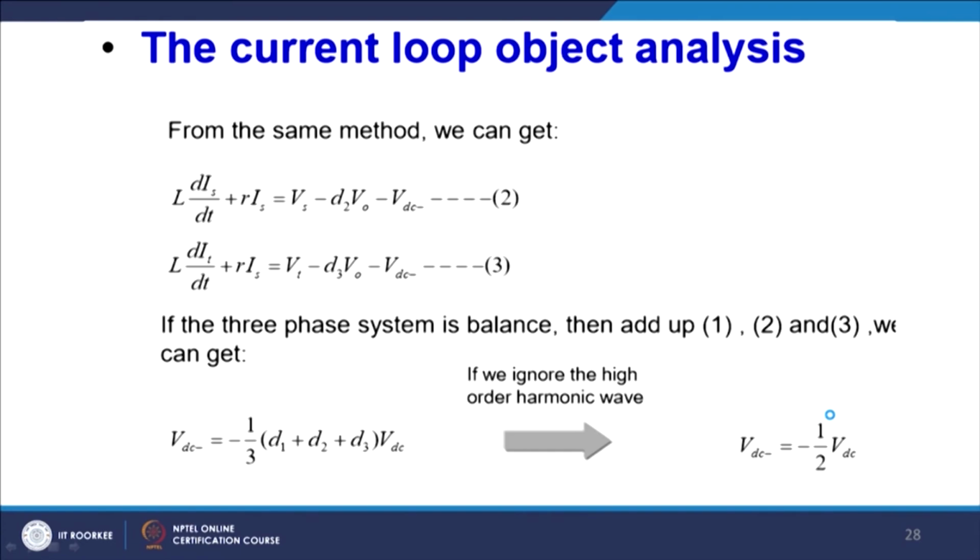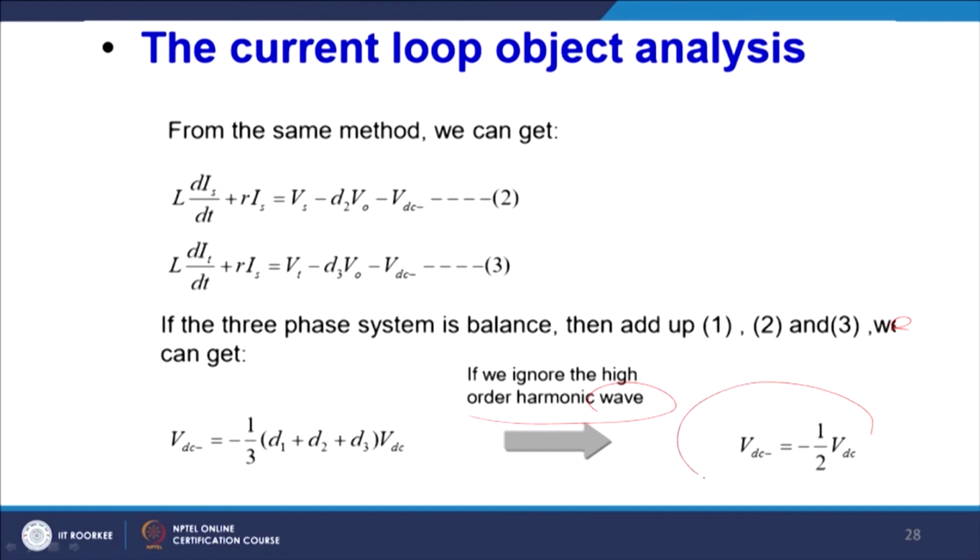The same method we can write for the other phases, that is S and T, and ultimately we can get V D C equal to minus 1/3 (d 1 plus d 2 plus d 3) V D C, and we can ignore the higher order harmonics.